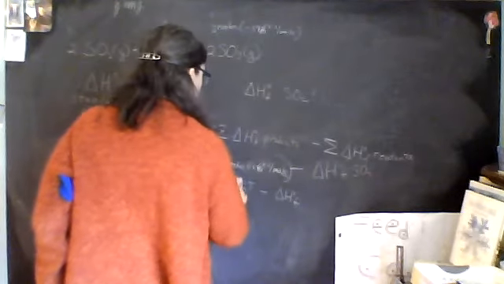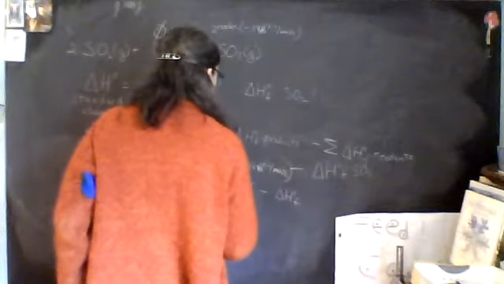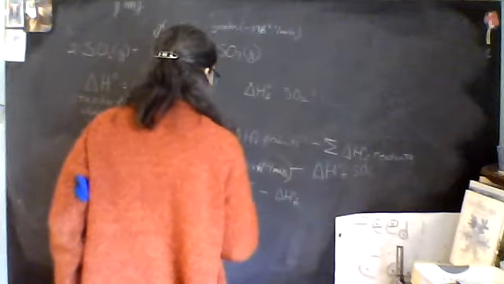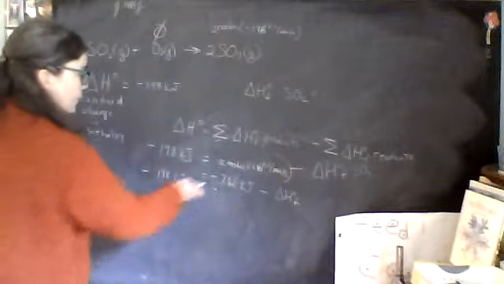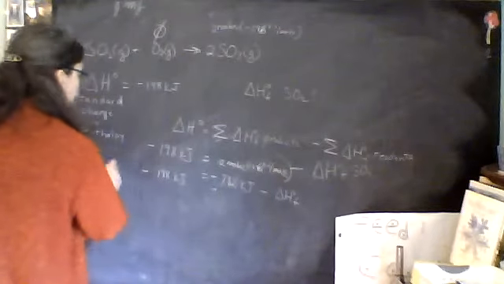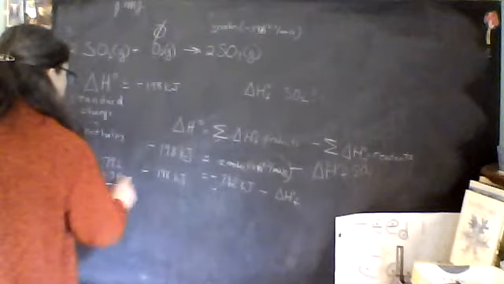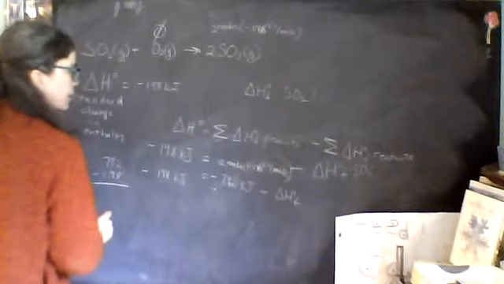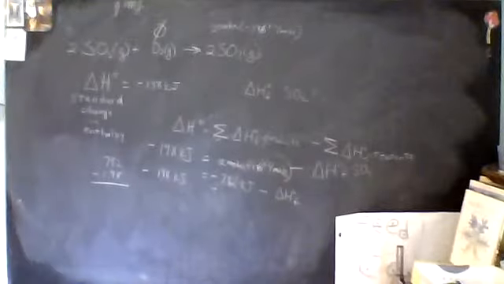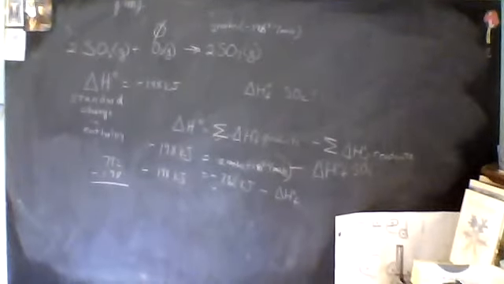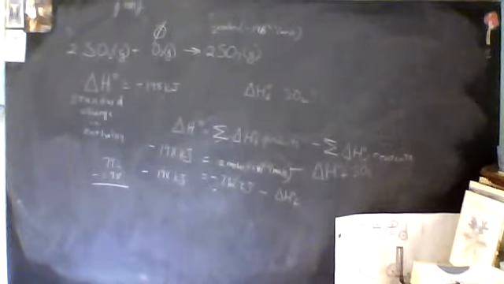It's 792. And then we add it to both sides, so we have 792 minus 198. How come I have something different?